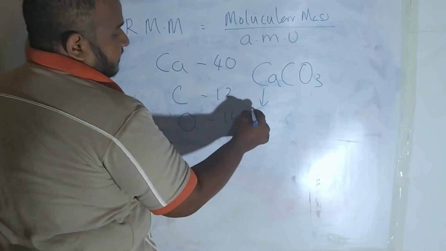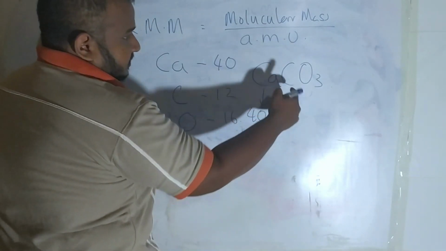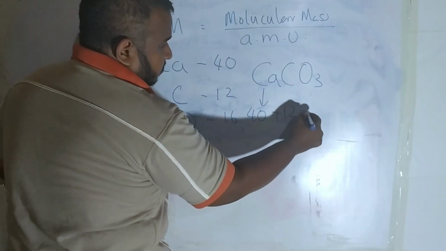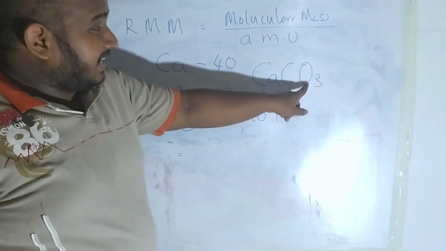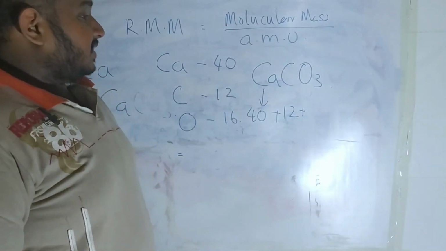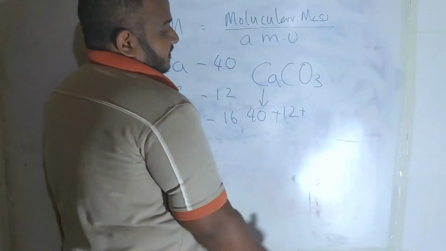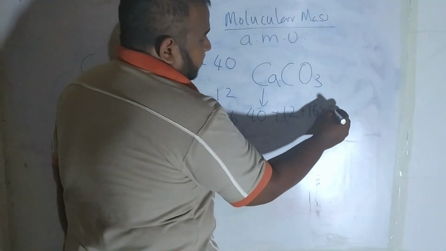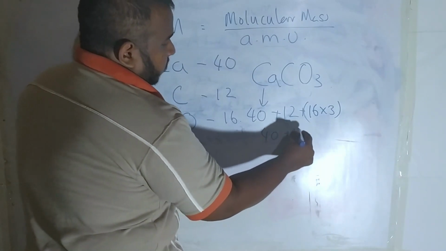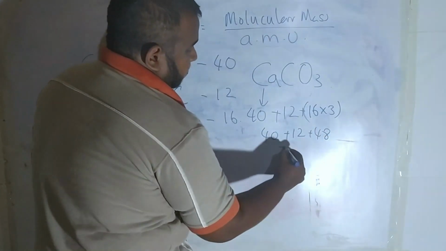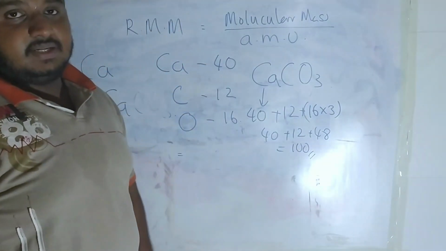The mass of calcium is 40, the relative atomic mass of carbon is 12. The relative atomic mass of oxygen is 16, but there are 3 oxygens present, therefore 16 into 3. So the value will be 40 plus 12 plus 48. The answer will be 100. No unit, the value will be 100.